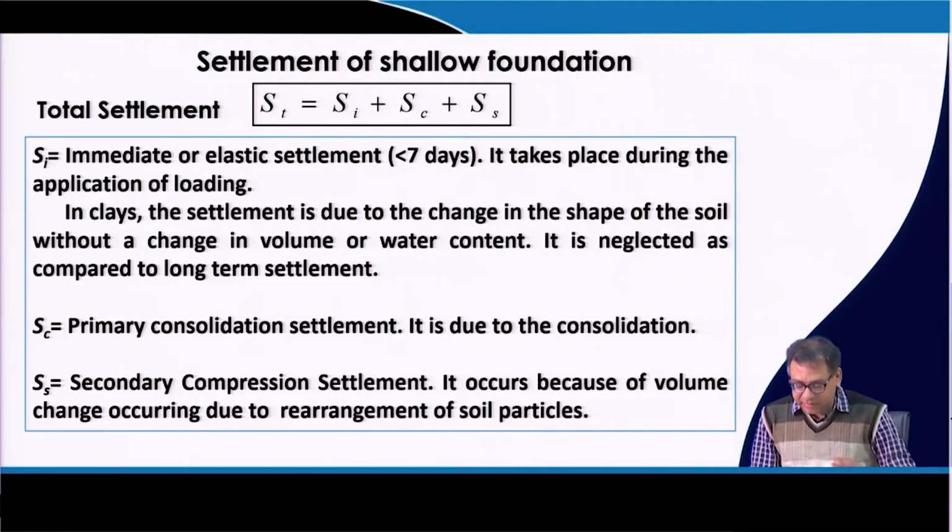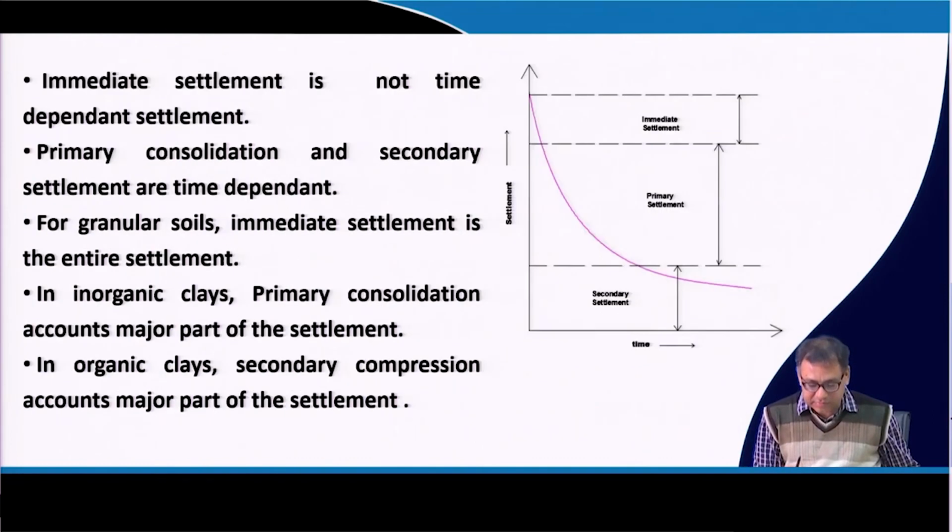And secondary settlement occurs due to volume change or the rearrangement of the particles. So, that is secondary compression settlement. These are the different cases where I will get immediate settlement, primary consolidation settlement or secondary compression settlement. For example, for sand, as I mentioned, a granular type of soil, immediate settlement is the majority of the settlement.